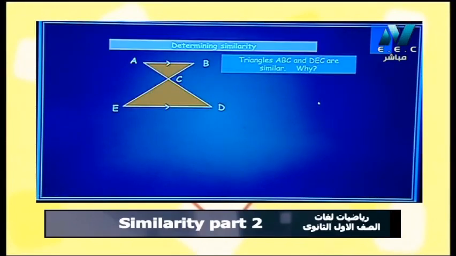Let's go to the next slide. We have determining similarity. Triangles ABC and DEC are similar. Ask yourself why they are similar.